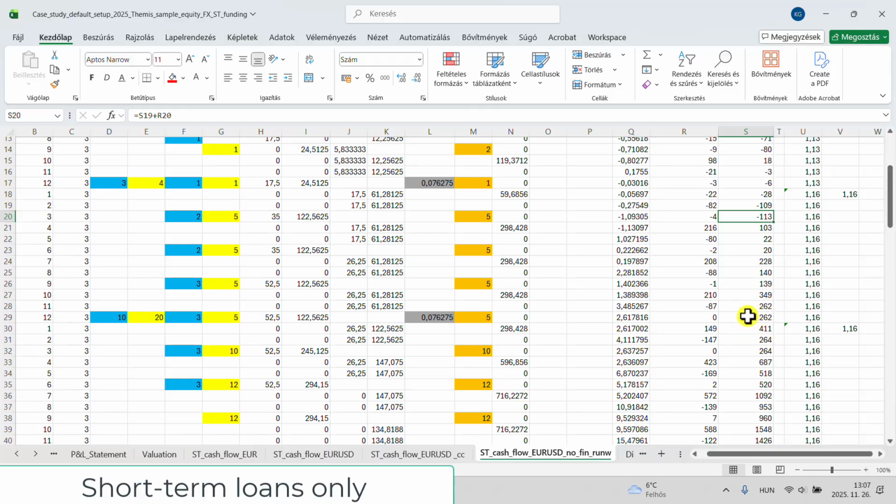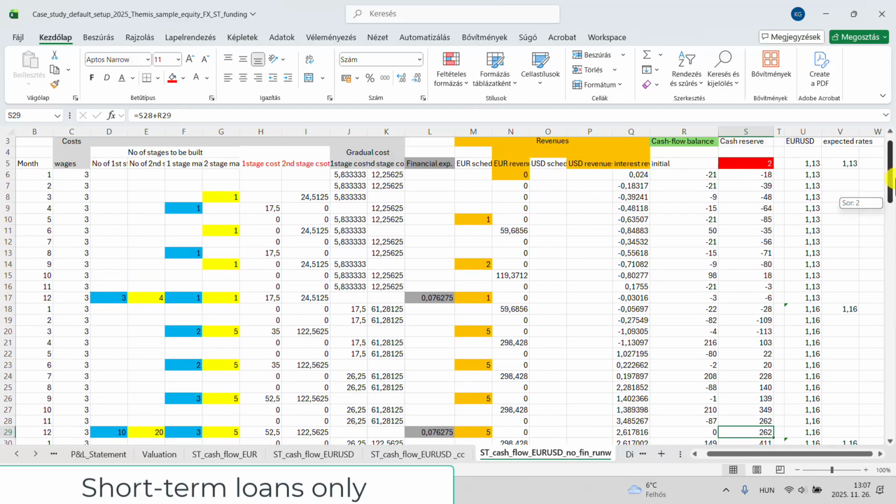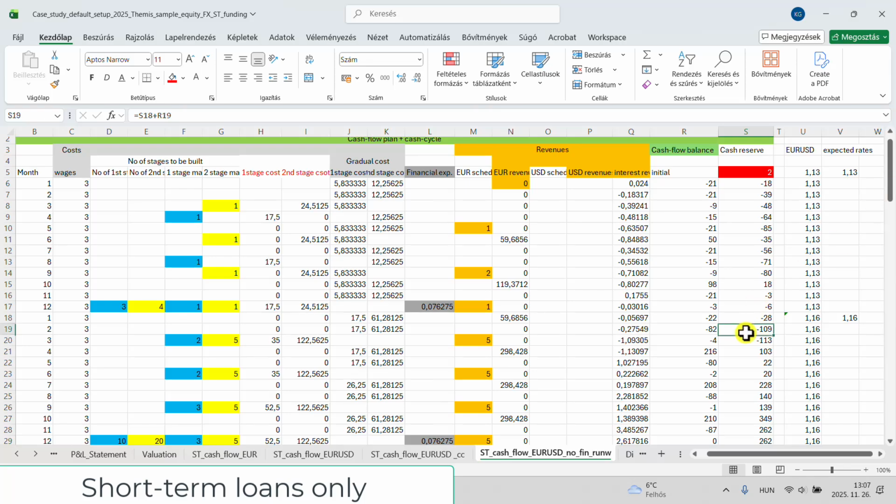But after that it jumps back and then it goes up to 200. So after that we don't need such amount of money. So still we can say that from short-term funding point of view, only 100 million euros can be completely enough if we would like to stretch up completely the funding.